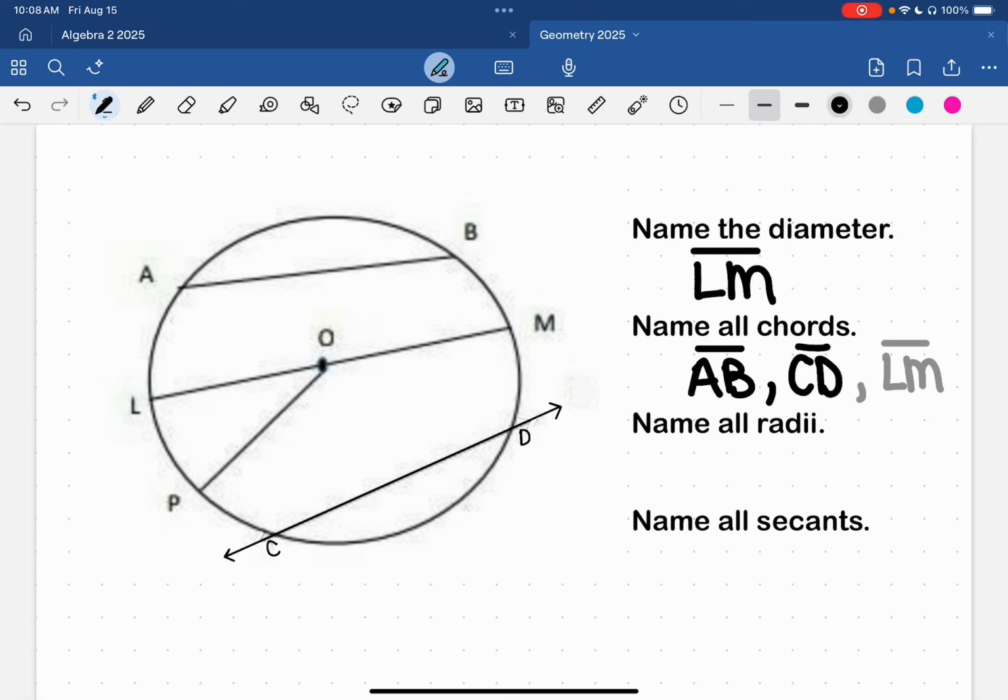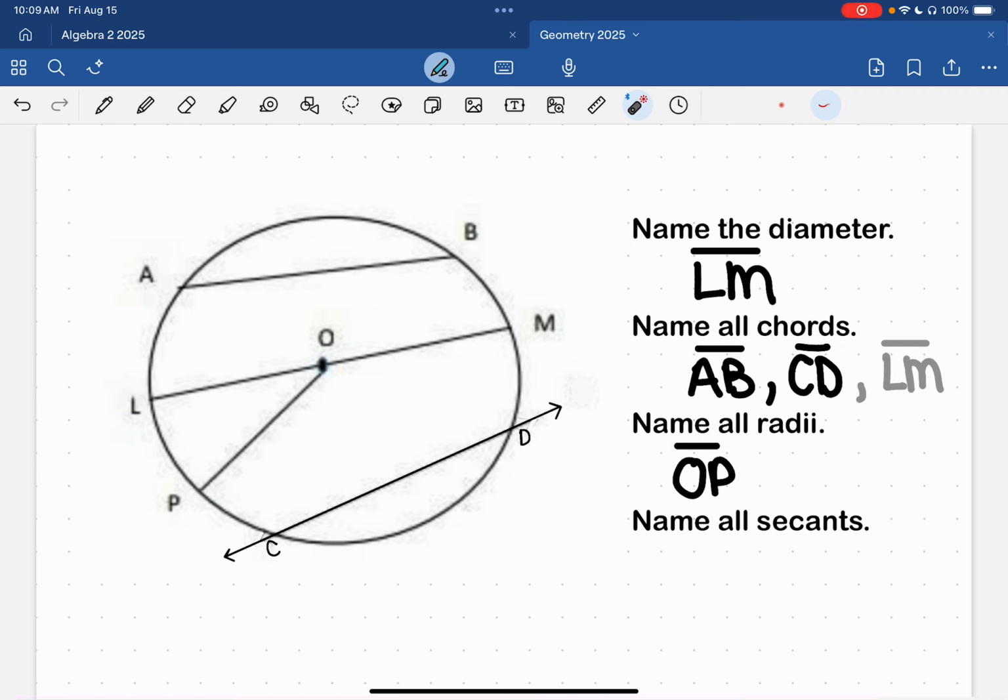All right, name all the radii. This is the radius. So the first radius that you're going to see is probably going to be this one from the center to the side. So you're probably going to put something like OP or PO, and then you just want the line up above. No arrows are on these pictures as I look at them in the circle, so I don't want any arrows on my lines when I name them.